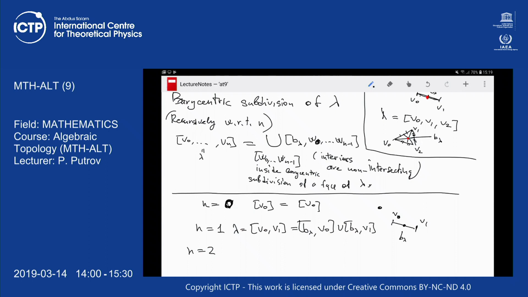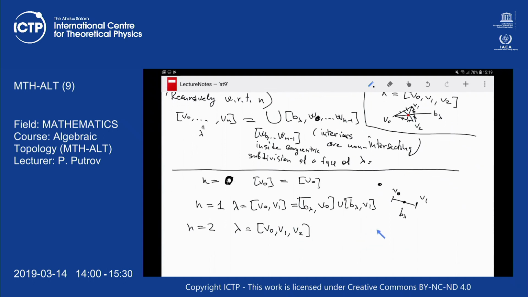So when n equals 2, lambda is some triangle, possibly degenerate, and we'll just draw a picture. So we start with this triangle. So the barycenter will be here. So how do I find the barycenter?